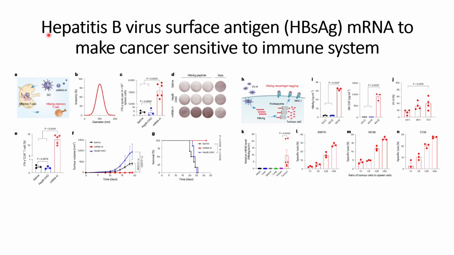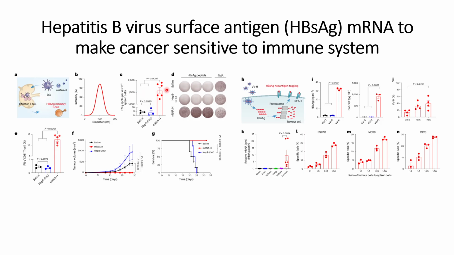So, considering the safety, the antigen they have decided to express on the cancer cells is the hepatitis B virus surface antigen. This antigen will be packaged in lipid nanoparticles and expressed in the cancer cells.